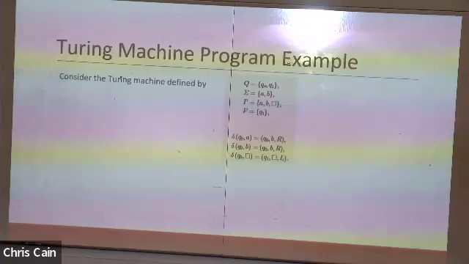If we're in state Q0 and we see a blank, which means that we've reached the end of the input, then we're going to transition to state Q1, write a blank over the top of the blank, and move back left to the last position in the string, and go into a halting state. So we've moved from left to right, replacing any A's with B's, leaving any B's alone, changing the string to be all B's.